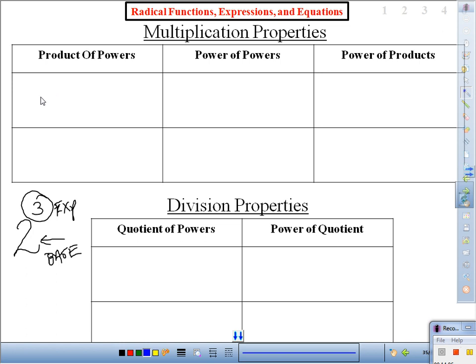Product of powers property says, look up, x to the 3rd times x to the 4th, and that is x to the 7th. Don't say it out loud. Think it through. We're multiplying. What are we multiplying? Exponential expressions. So what would the property say if you multiply exponential expressions?